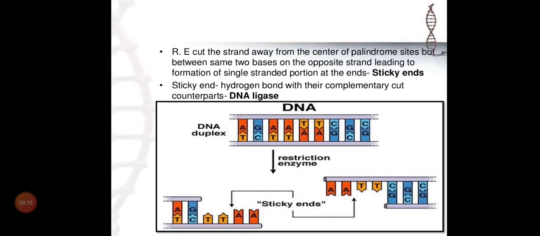So now we'll come to your book diagram. Okay. So now we know, look at the slide. Restriction endonuclease cuts the strand away from the center of the palindrome sites, but between the same two bases on the opposite strand, leading to formation of single stranded portions at the sticky ends.